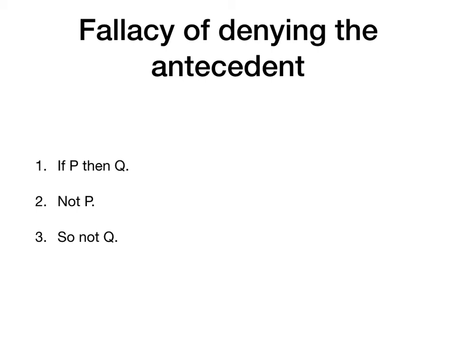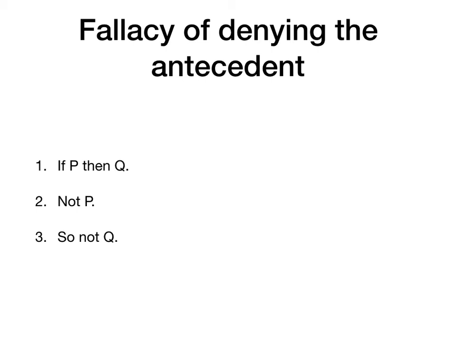The fallacy of denying the antecedent. This fallacy has the following form. If P, then Q. Not P, so not Q. Well, why is this a fallacious argument, right? Look at the premises themselves. The premises tell you if you have P, then you're going to have Q as well, right?